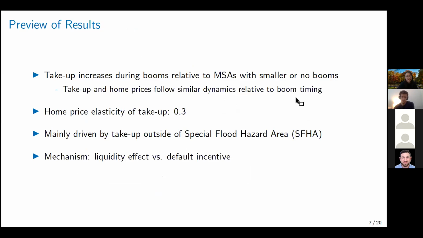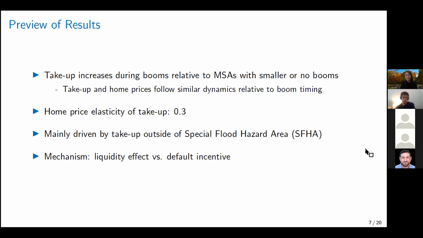We then estimate the home price elasticity of take-up to be 0.3, and this is comparable to a lot of the factors that are considered to be important for flood insurance take-up. We also find that this effect is mainly driven by take-up outside of the special flood hazard area, which is the 100-year floodplains.